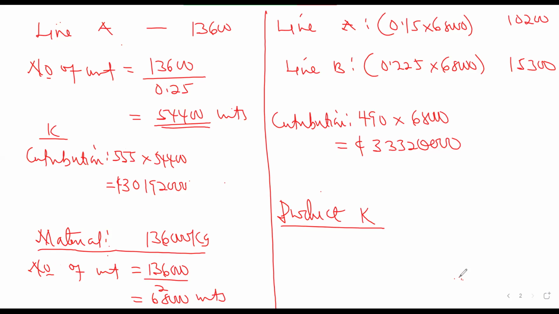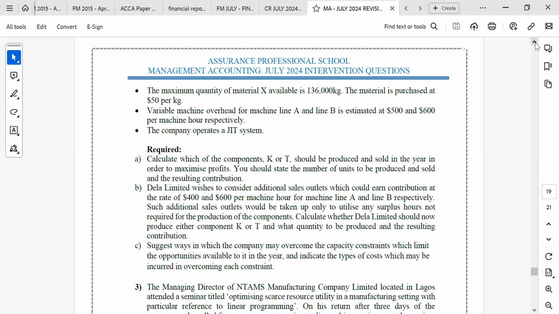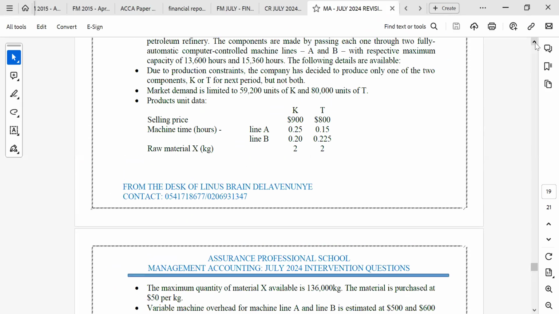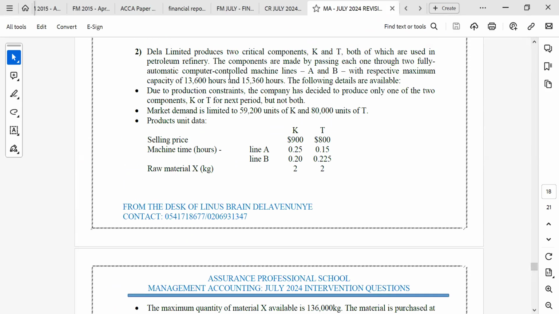So why? Because line A will be equal to 54,400 multiplied by 0.25, and that will give us 13,600 hours. That will be 13,600 hours available on that particular machine. So that will give us line A. There will not be any machine hours left there.